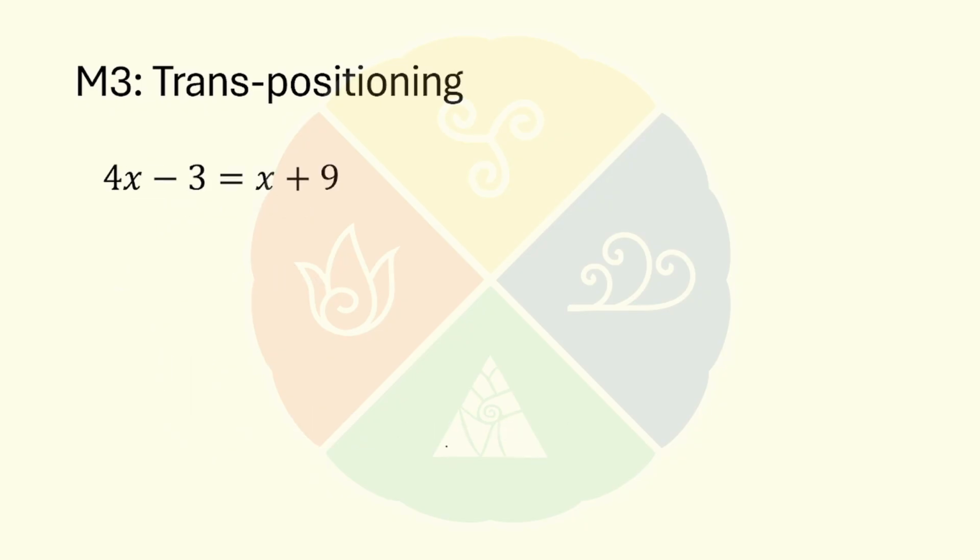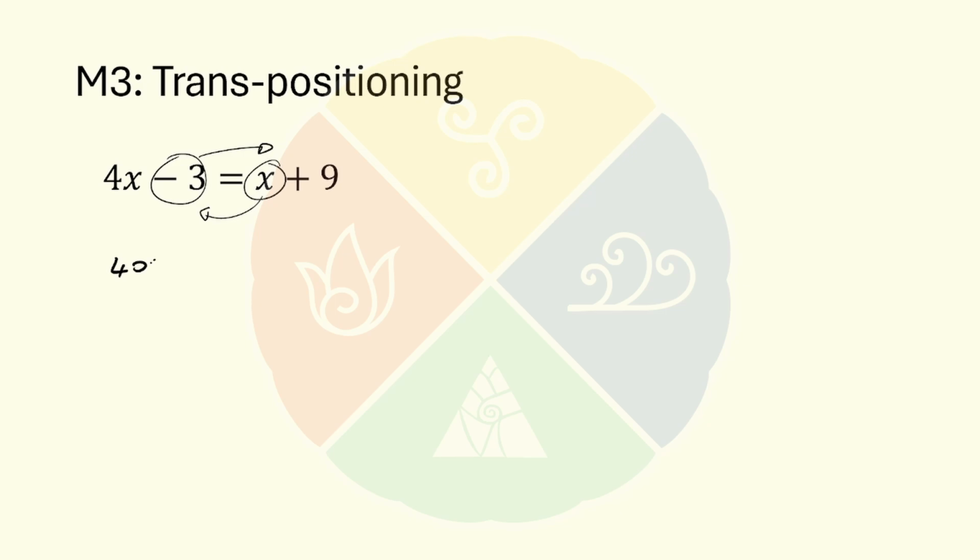One more problem. Try to solve this problem. How to solve this? Just give it your try, okay? Pause the video and try. I'm also going to solve. See, minus 3 will go to the other side and become plus 3. Similarly, change the x. x going to the other side will become minus x.